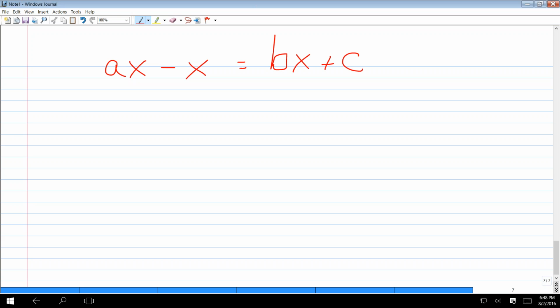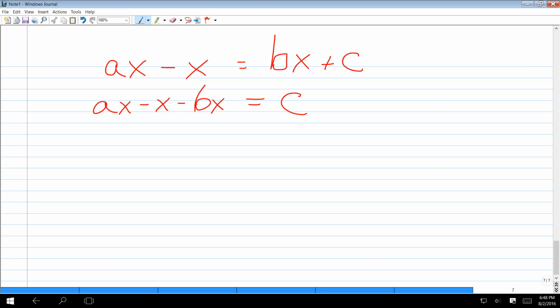So first step. Subtract bx. Good. Next step. Greatest common factor. Which side? Left side. X. Okay.